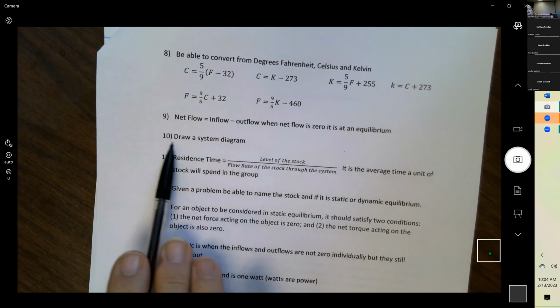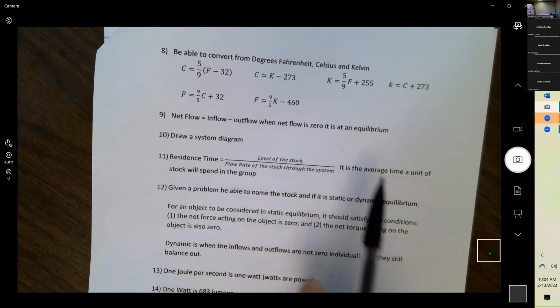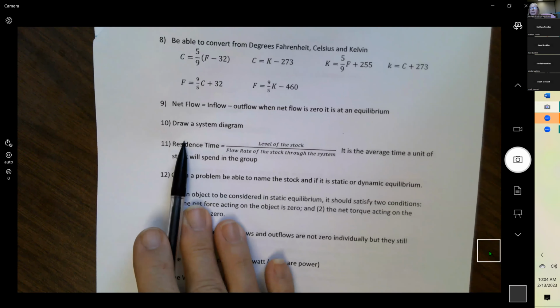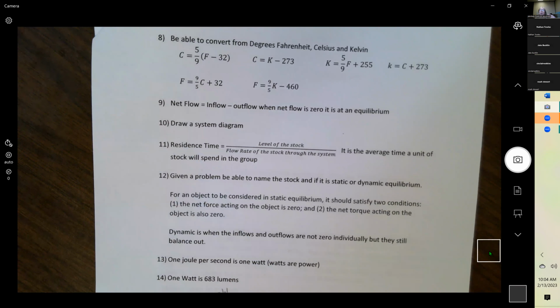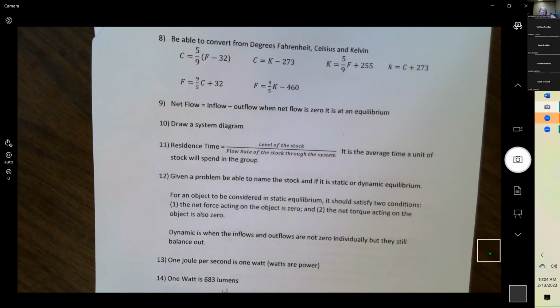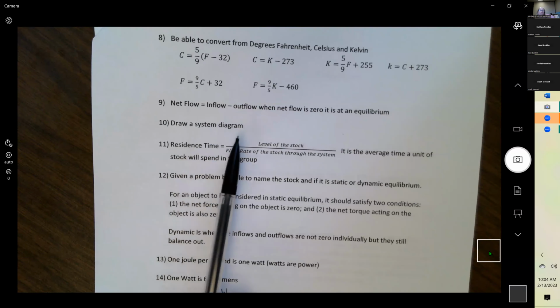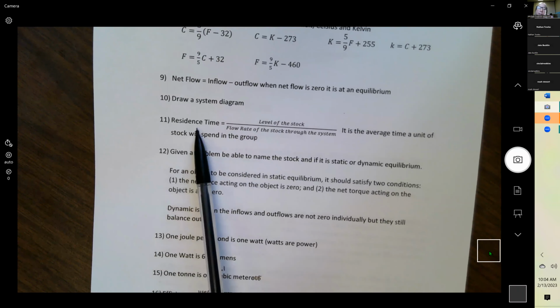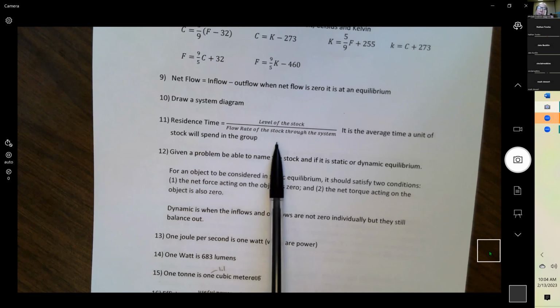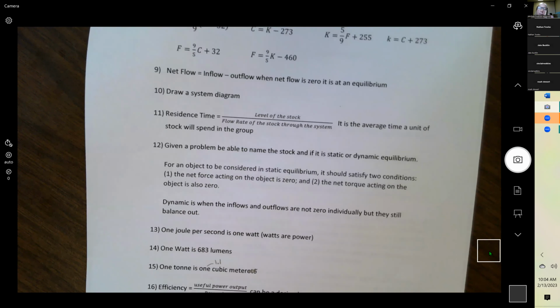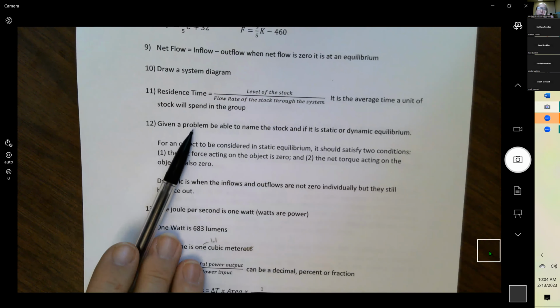To draw a system diagram, if there's notes you want to write. What I did was the practice problems. As I was doing them, I wrote what I needed, like a little note: this problem's going to be on there. Is there anything you want to write? Residence time is the level of stock over the flow rate. Oh yeah.